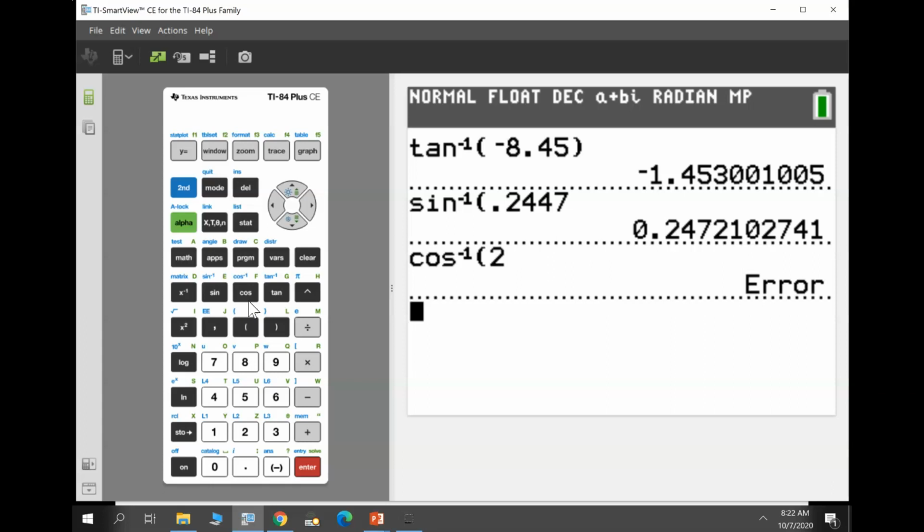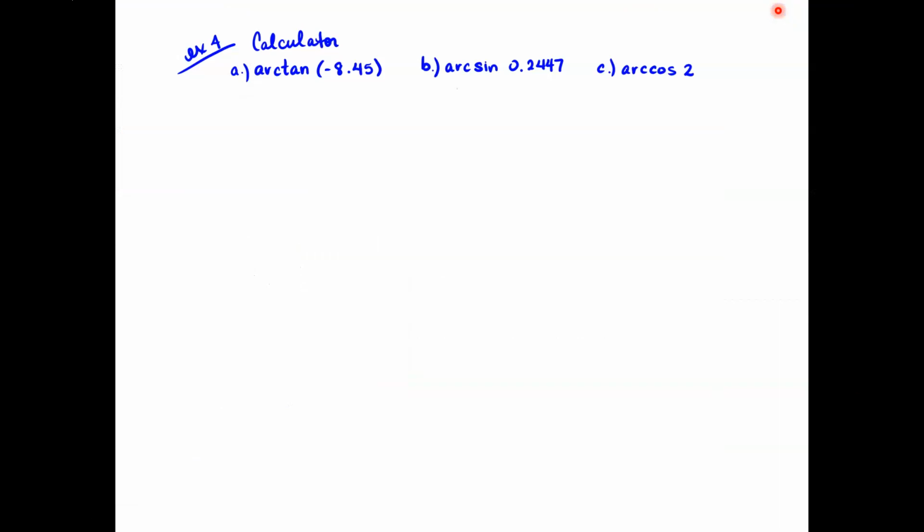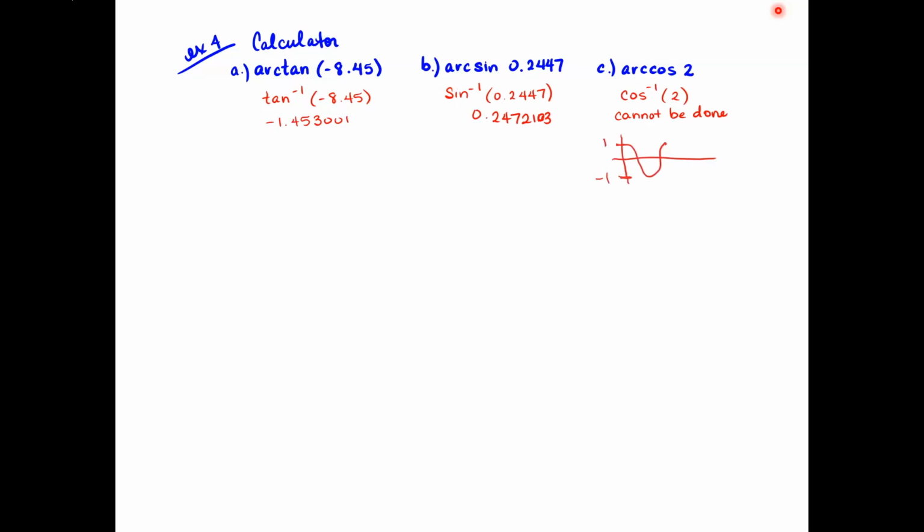It goes up to positive 1 and down to negative 1, right? There's nowhere that it's equal to 2. And so that's why my calculator is giving me the error message. All right, so again, these are the values that we just got from our calculator. And again, that idea of inverse cosine can't be 2 because the cosine curve goes up to 1 and goes down to negative 1.